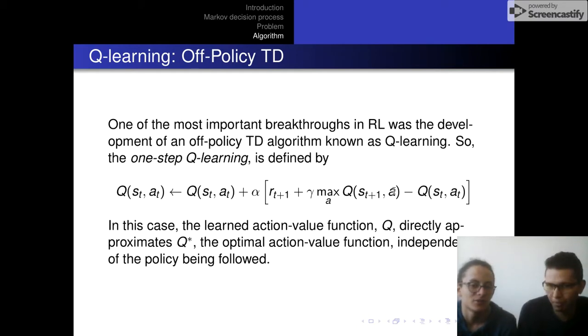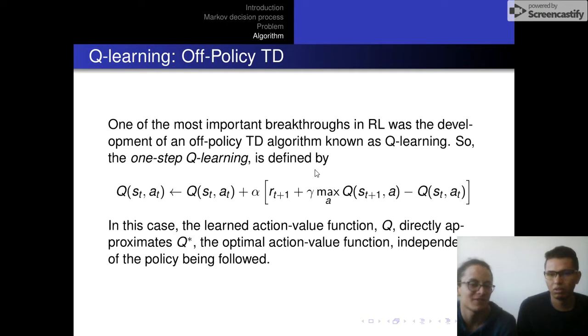So this is part of the Bellman equation, and this is the target Q value minus the old value.